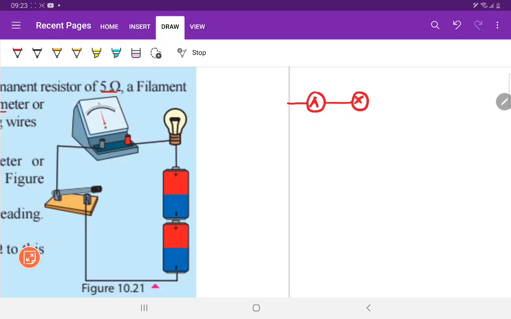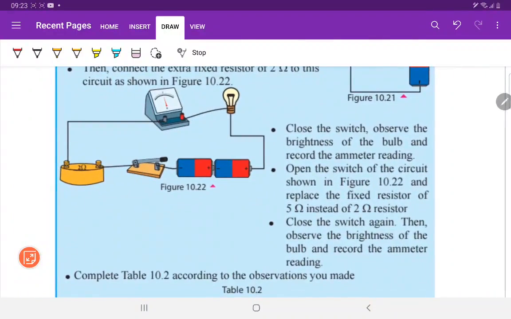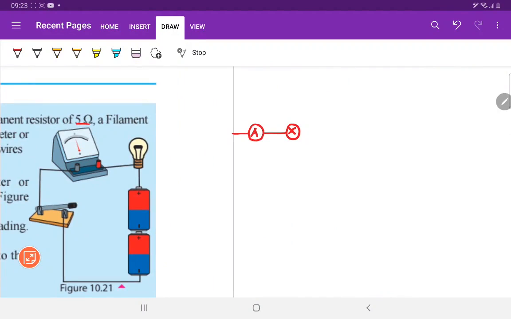It's a series circuit, so positive terminal, negative terminal, positive terminal, negative terminal, and the switch.